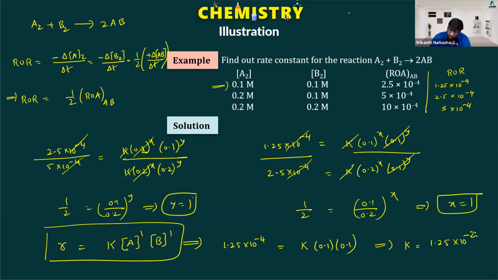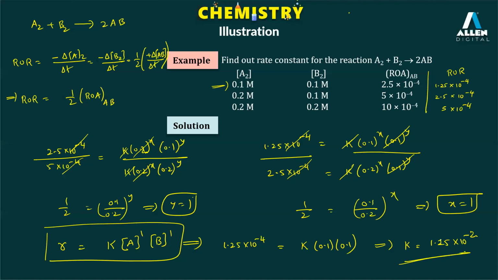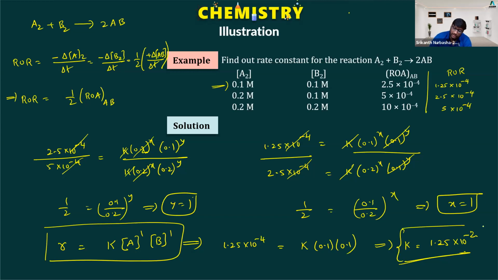Yes or no, sir? I'm getting 1.25 into 10 power minus 2, Faizan. Check it out once. Yes, sir, because 10 power minus 4 gets cancelled, leaving 10 power minus 2. So we have this value of K ultimately. Fine, right?